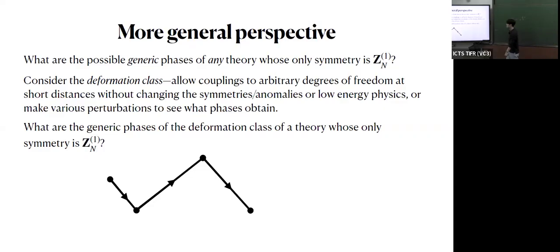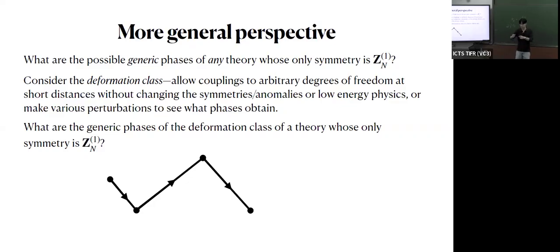Let's say I have a paramagnet. The paramagnet and ferromagnet differ by tuning parameters of the same system, so that's the same definition, and the full phase diagram includes both.